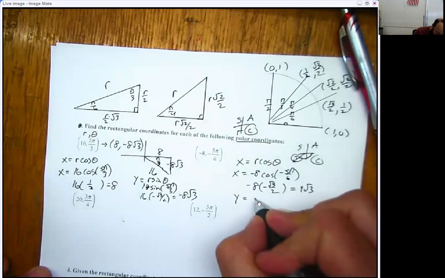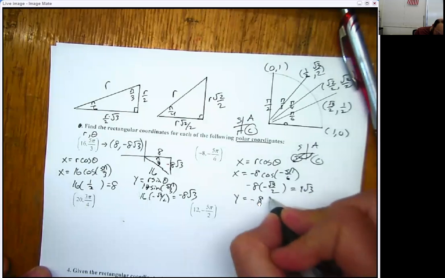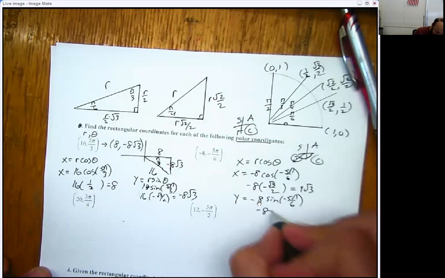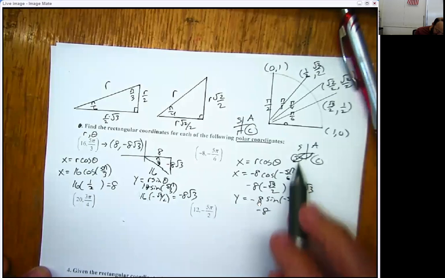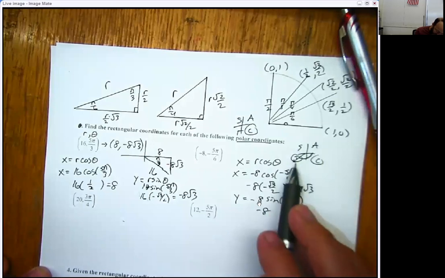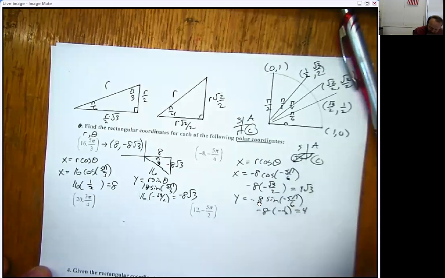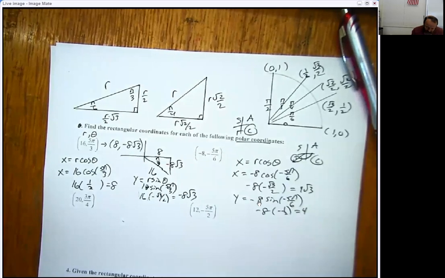Y is r sine theta, so here's my r sine theta. As previously indicated, it's in the third quadrant. Negative 5 pi over 6 is down here. So the sine of negative 5 pi over 6 would be negative 1/2, and I got the number 4. Now that may seem a little bit strange, but there's a reason for this.